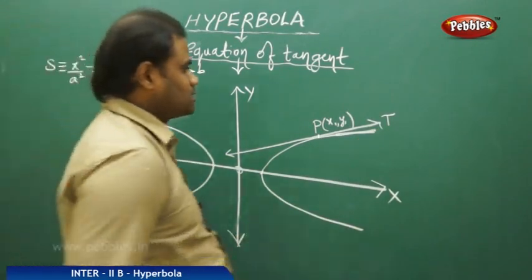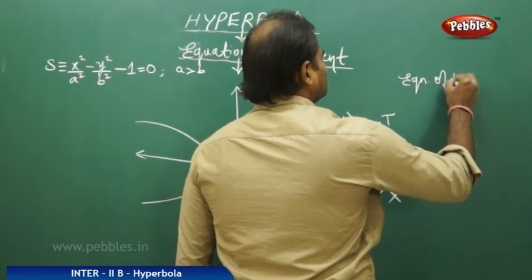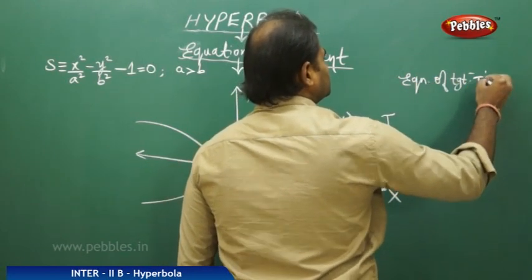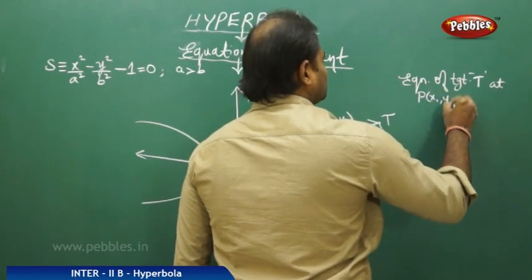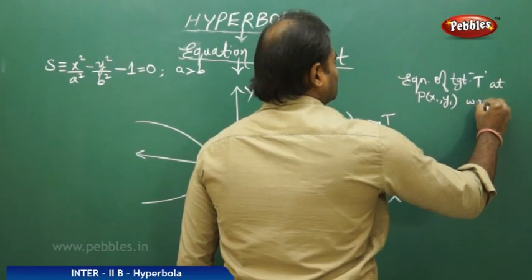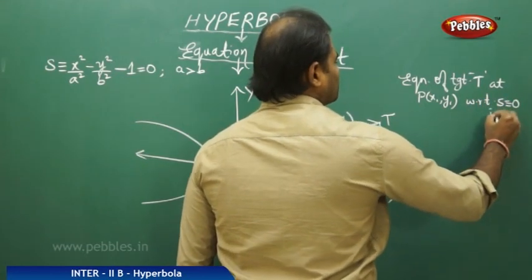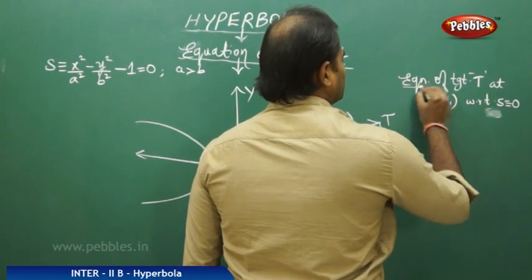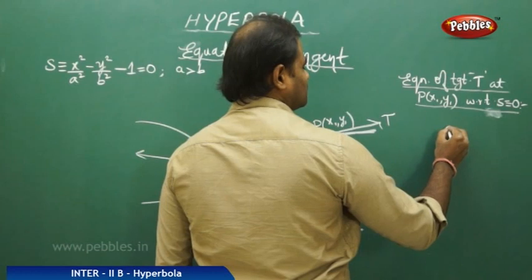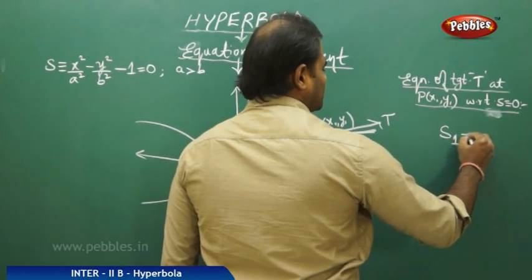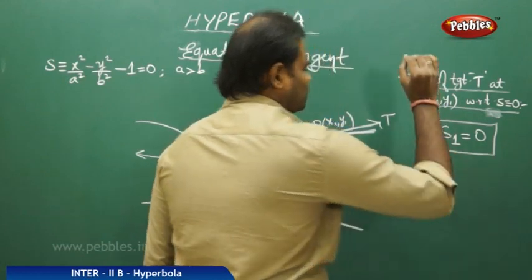Which is given as the equation of tangent T at P(x1, y1) with respect to the hyperbola S equal to 0 is given by S1 equals 0.